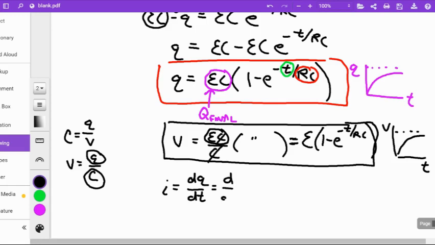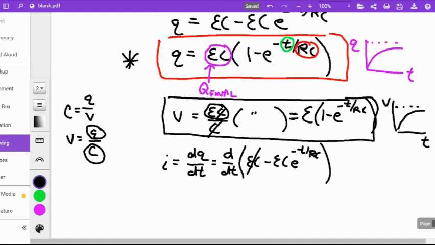And this is easy calculus, because you take the derivative of this first expression, which is EC minus EC, and I distributed out the EC because if you take the derivative of a constant, you get 0, right? And the other thing is if you take the derivative of an exponential, you get the exponential back.